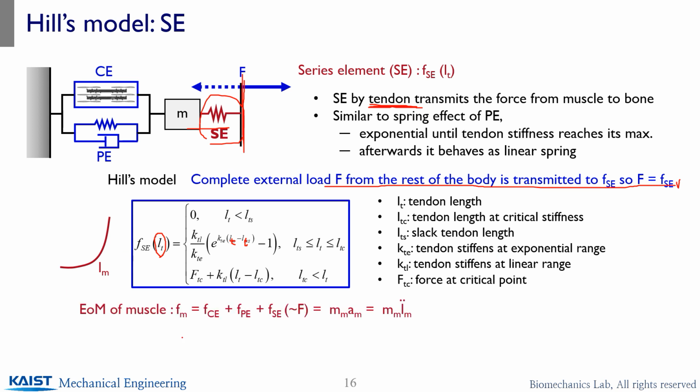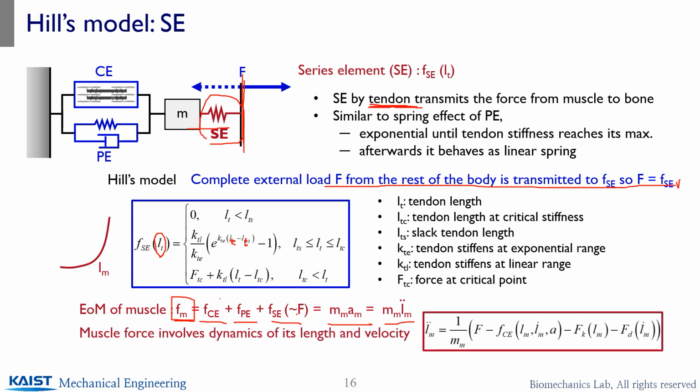Okay, so to sum up, the muscle model, Hill's model, represents that the force components are the contractile element, parallel element, and serial element, and that will generate the muscle dynamics, right? So the muscle length has its own dynamics as a function of those 3 forces. And again, those 3 forces are functions of L and L dot, like a force-length relationship.